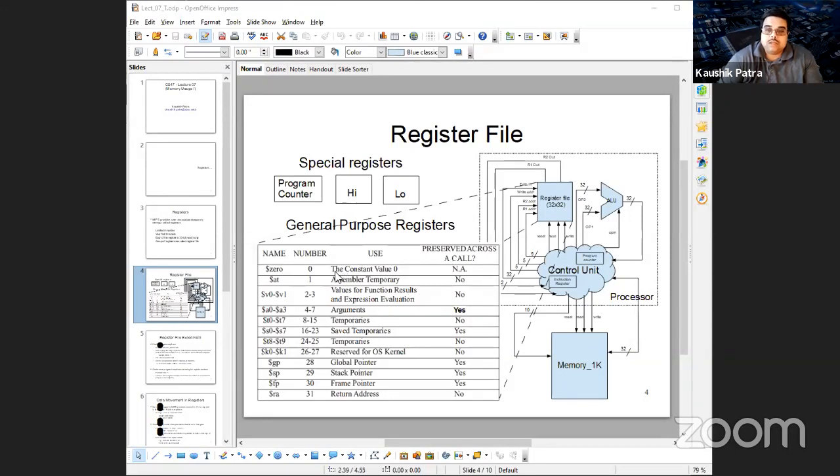Even if you try to write something to $0, the hardware prevents you from writing anything. This register serves as a constant 0 for your program if you want to use it. But other than that, any other register, AT, V0, A0, you can use at any point of time. This table only tells you the software convention, what they are used for, so that if you go out of the convention, you may get into trouble.